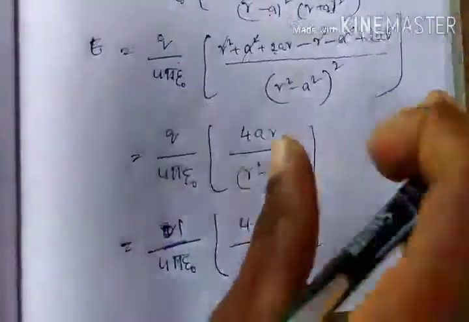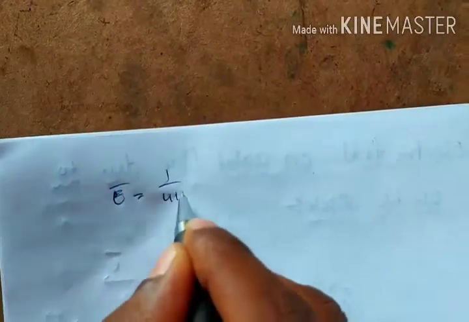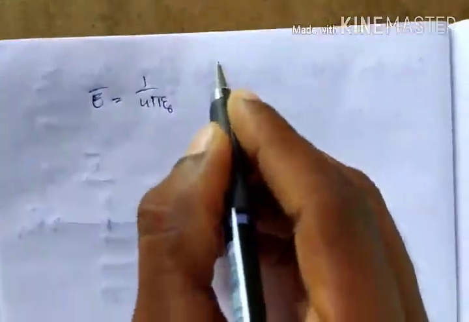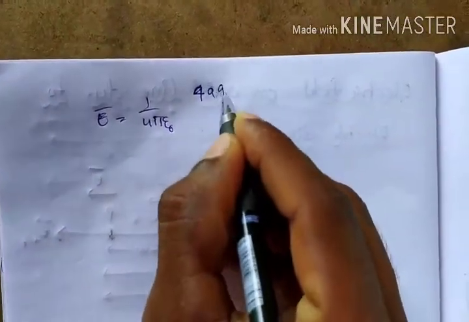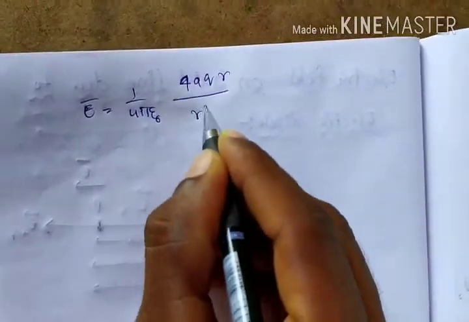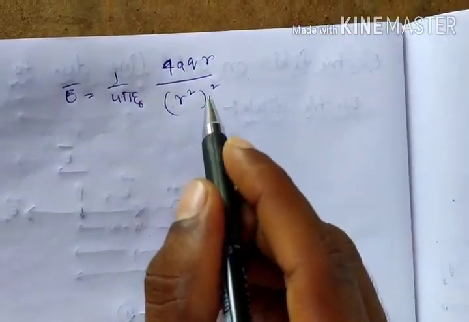So now the next step of this simplification. Electric field intensity is equal to 1 by 4 pi epsilon naught, 4aq r by (r square) whole square. Okay, in the before step a square is 0.